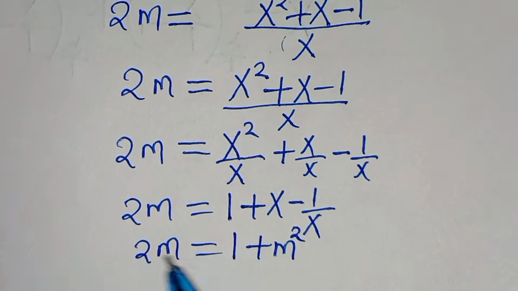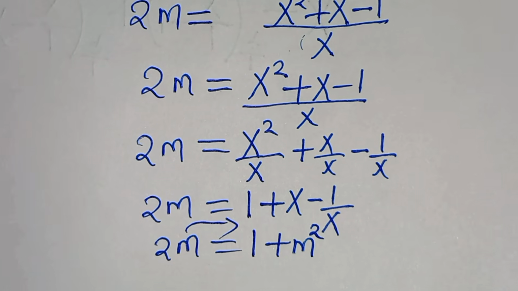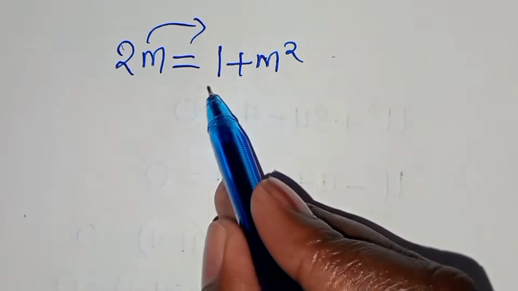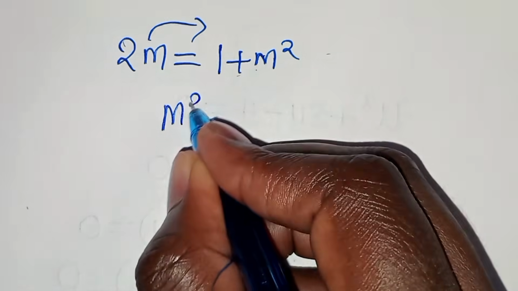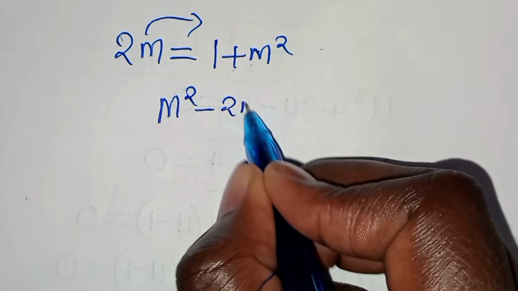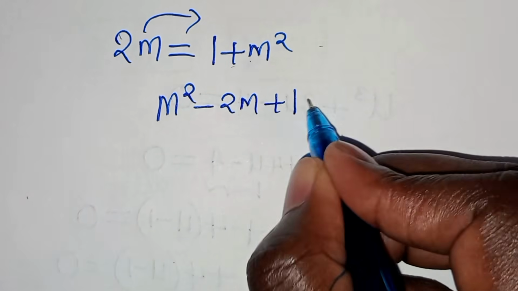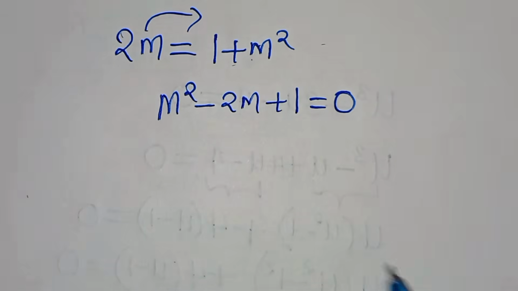Now, let's take 2m to the right-hand side. So now here we have m squared minus 2m plus 1 equal to 0.